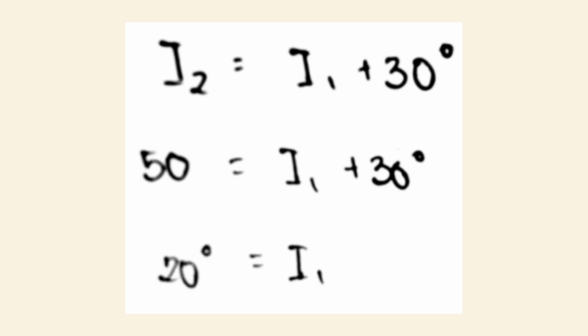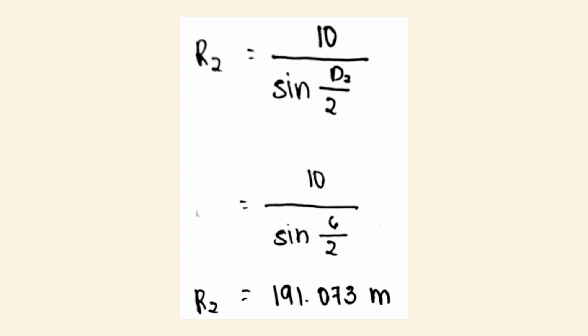I sub 1 is 50 degrees minus 30 degrees equaling 20 degrees. Our radius in chord basis would be computed as 10 divided by sine D sub 2 over 2. Substituting values, we have 10 divided by sine 6 degrees over 2.